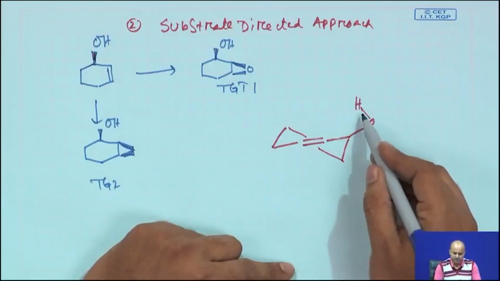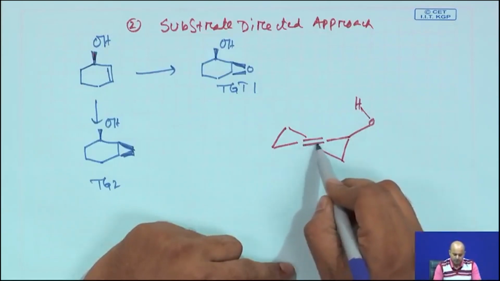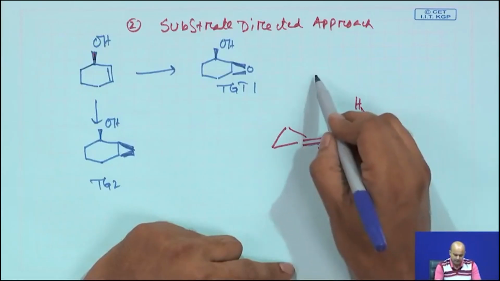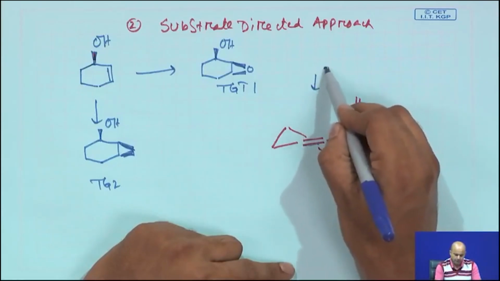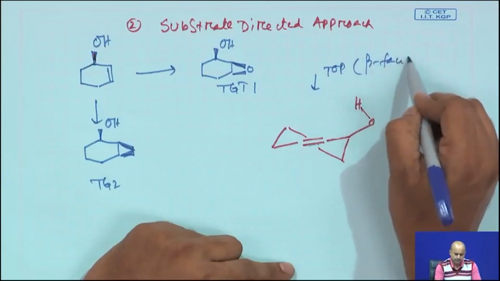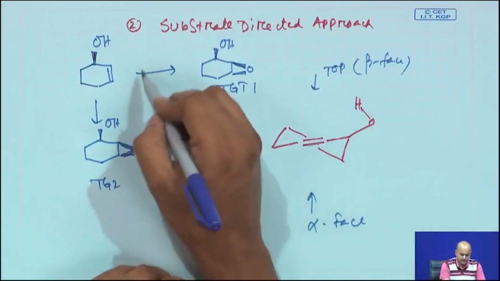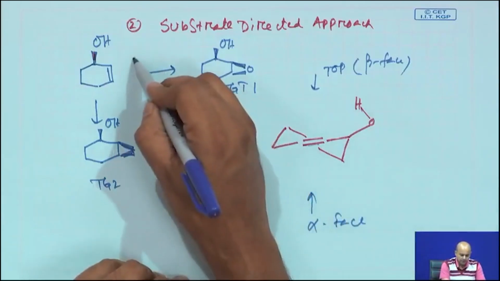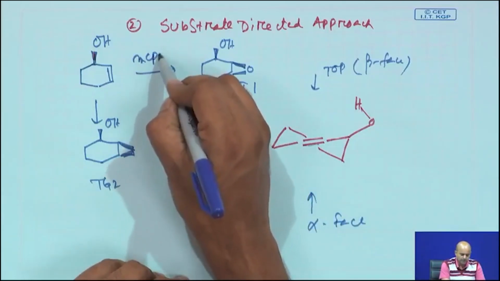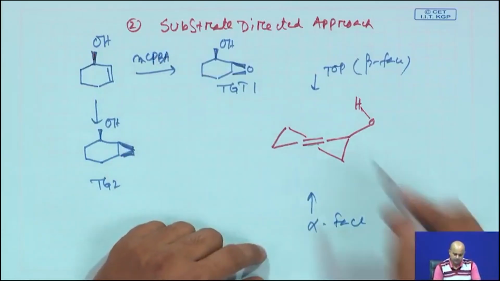Now, see, the starting material has a pi bond, where two faces are available: the top face or the beta face, and the bottom face, which is the alpha face. Okay. Now, the reagent, I am saying you use a reagent mCPBA, which is a very well known epoxidizing agent, or electron deficient epoxidizing agent.